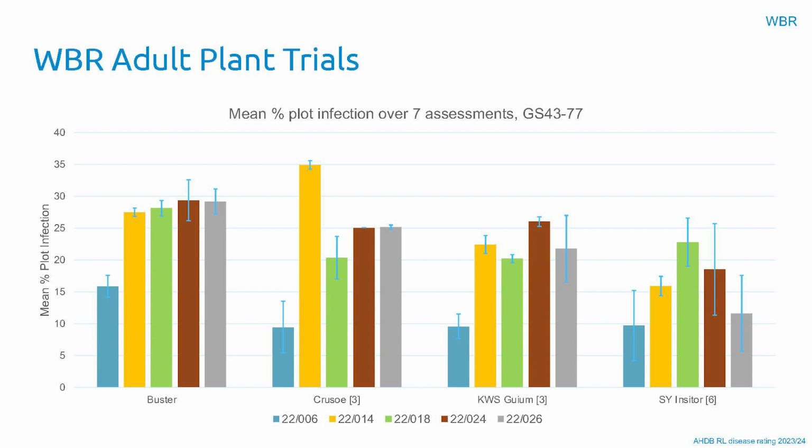I would like to point out the blue line, as it's a little bit lower than the others. They were all inoculated at the same time and all assessed on the same days, but the infection in the trial with 22006 was very slow to get going. The plants looked quite healthy.